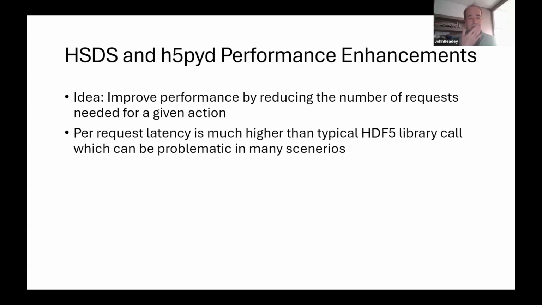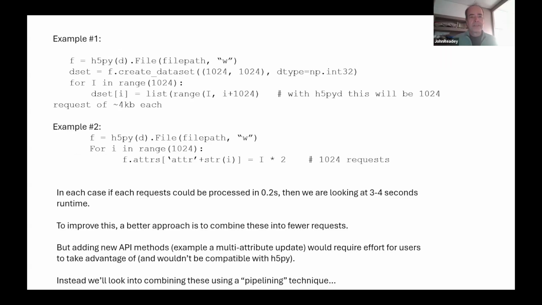So let me go on to this. The idea is that we'll reduce the number of requests for each action, and that will reduce this kind of piled-on latency effect that we see. Here are two contrived examples. In the first one, I create either an H5 or HSDS file, and then I create a dataset that's 1024 by 1024.